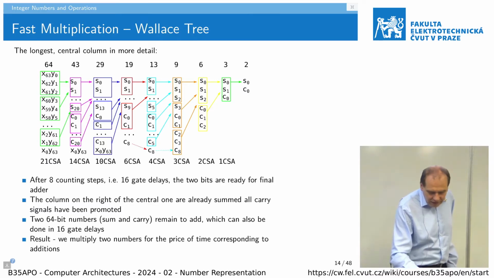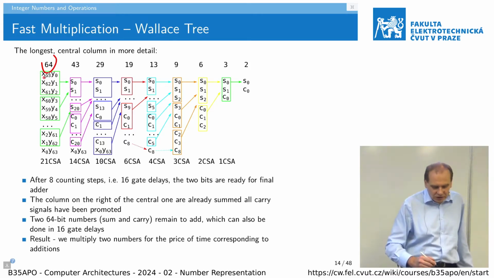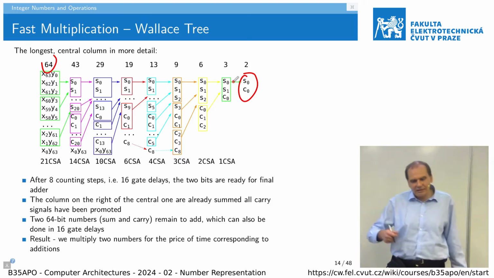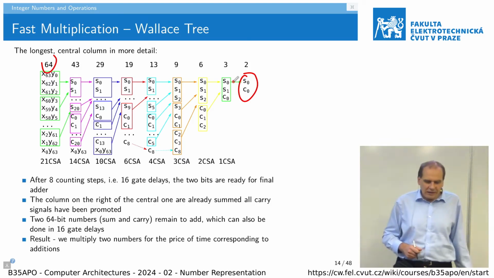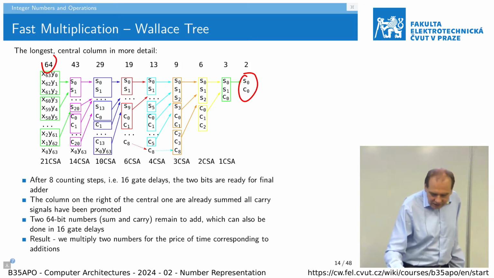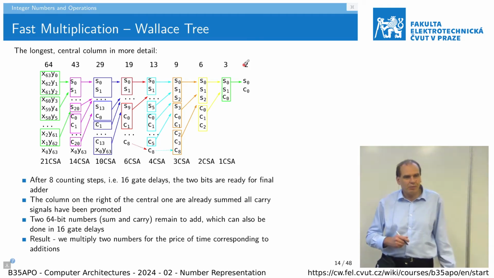So if we look at it, then we need to do this partial addition 64 times at the start, and so on. And at the end, we have a sum and the carries, and it has to be added by a conventional adder. So at the end, we have solved that most complex column in 8 steps, this pre-computation of the multiplication.